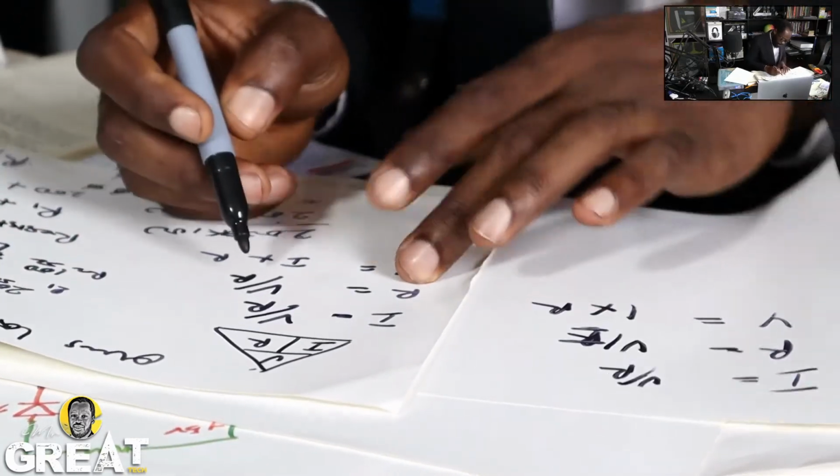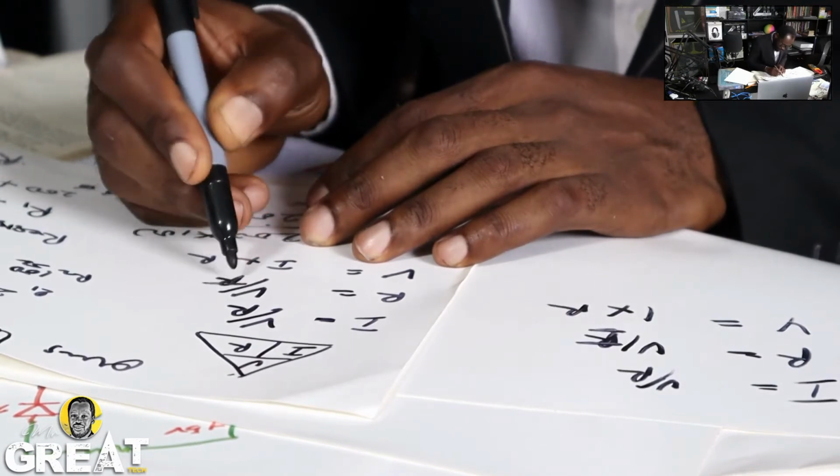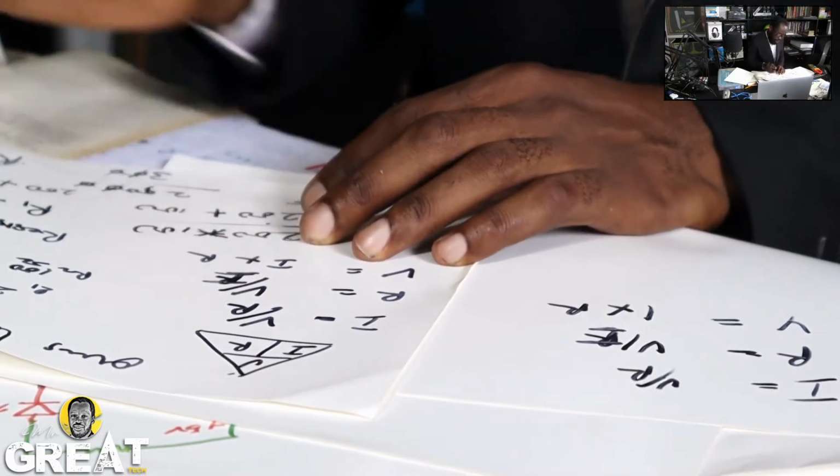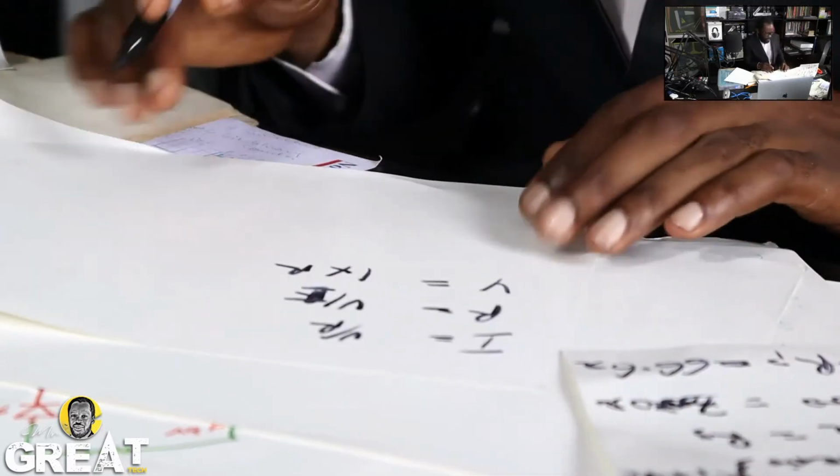It's supposed to be R equals V over I. By the way, I didn't see it at the beginning. Okay, now so that is it.